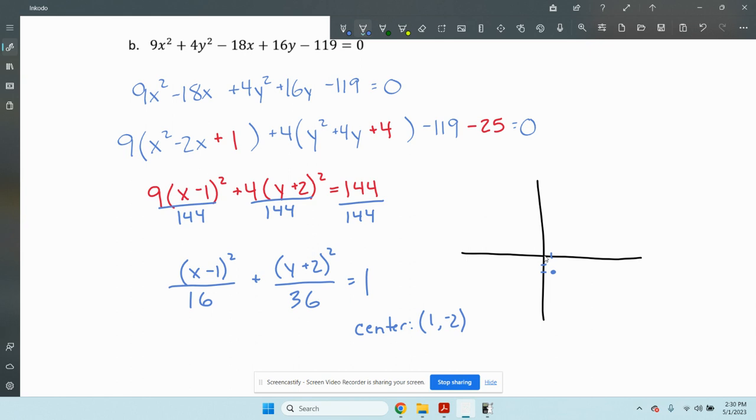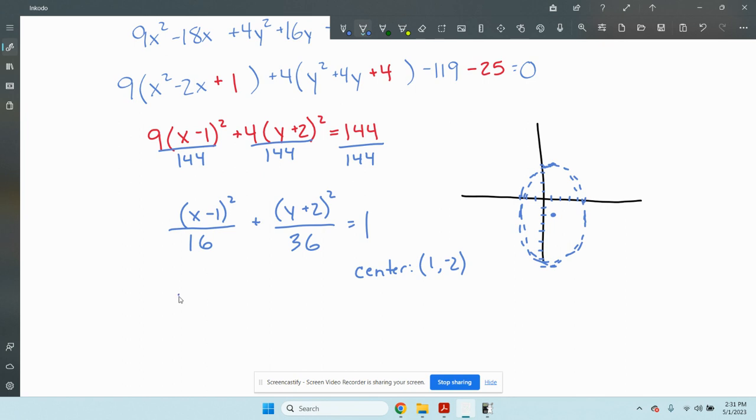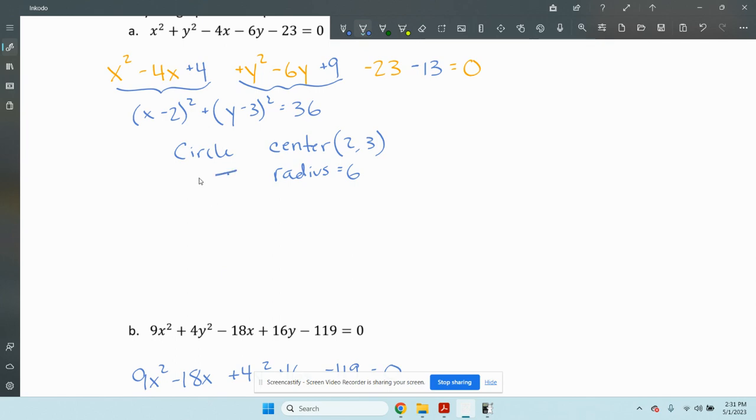So I'll go up 6, and down 6, and then left and right 4. So there's my ellipse. Ugly ellipse, but there you go. But I'm mostly concerned with just the center and saying it's an ellipse. This is a circle.